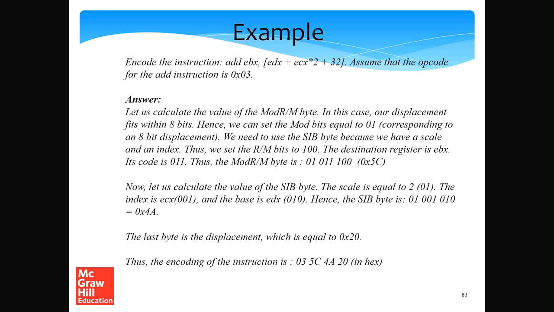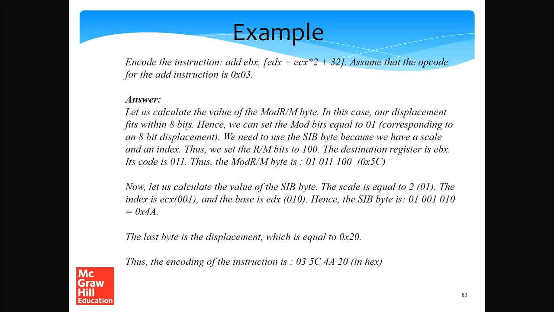Now let's consider an example. Let us encode the instruction add EBX, EDX plus 2 times ECX plus 32. Let us assume that the opcode for the add instruction is 0x03. Now that we know the opcode, let us calculate the value of the mod R by M byte.